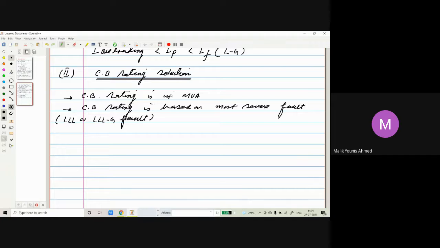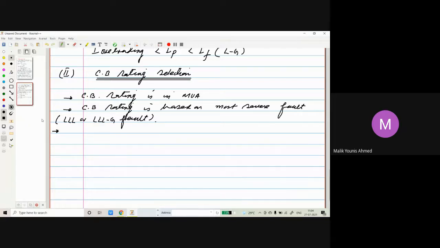So circuit breaker should be able to sustain a maximum MVA during the triple line or a triple line to ground fault. So I will write the reason.